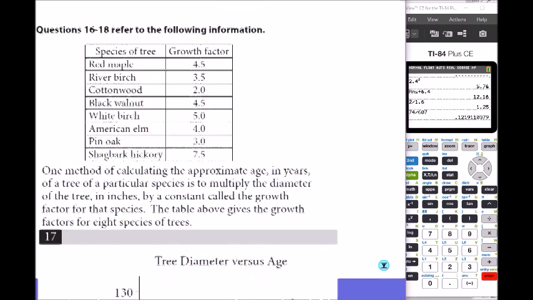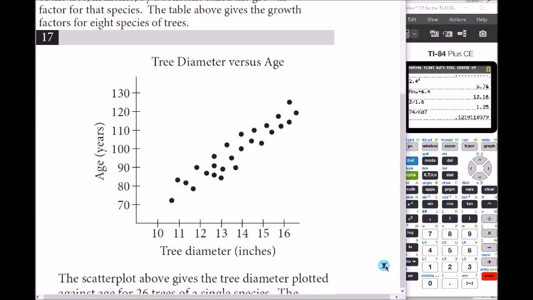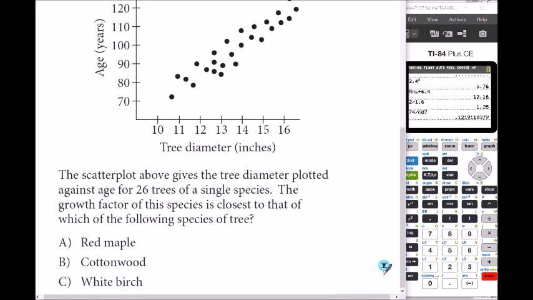Yeah, so 17. So the scatter plot above gives the tree diameter plotted against age for 26 trees of a single species. The growth factor of this species is close to which of the following? So just guess the best line of fit, something like that. So let's see. So at 13, it's at 90.